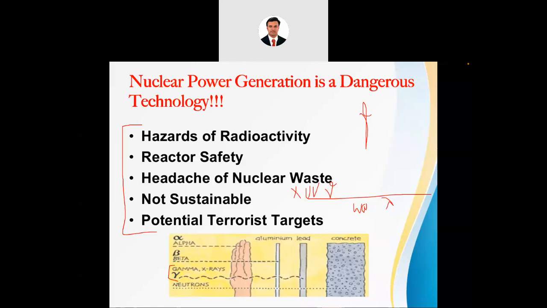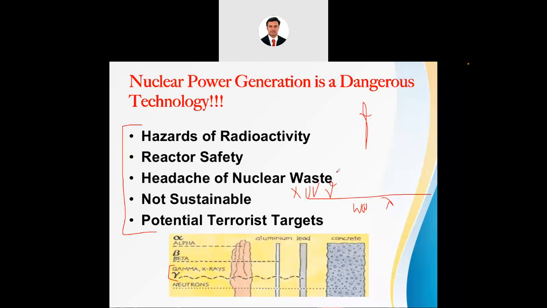We have to install that much concrete because the gamma rays present inside the nuclear reactor must not transport through this concrete wall, which would be very dangerous to human life.